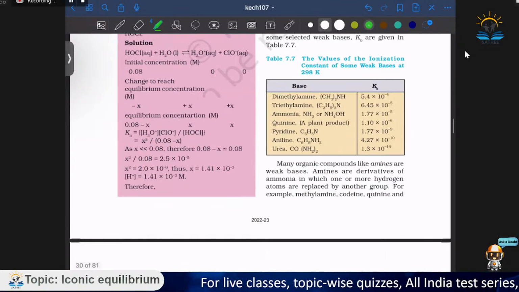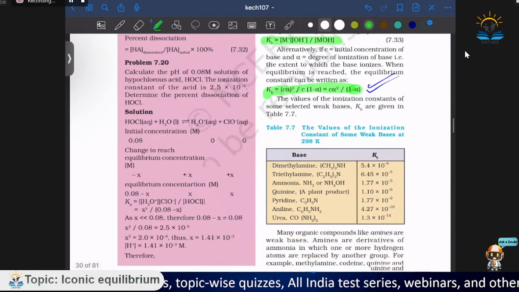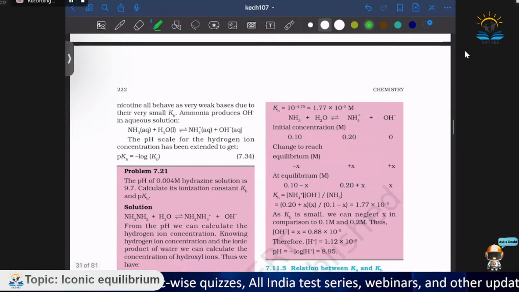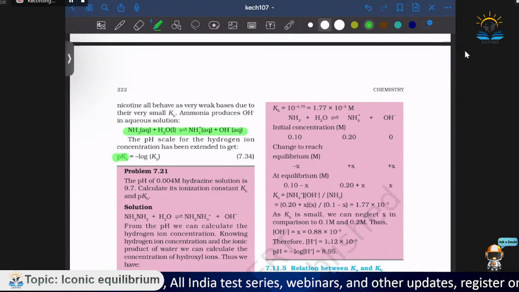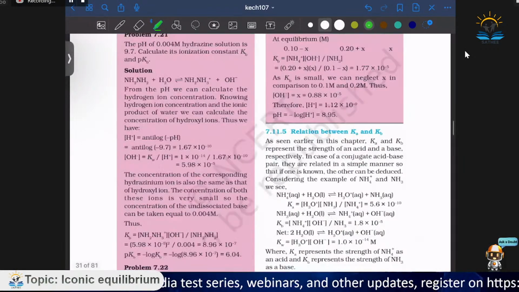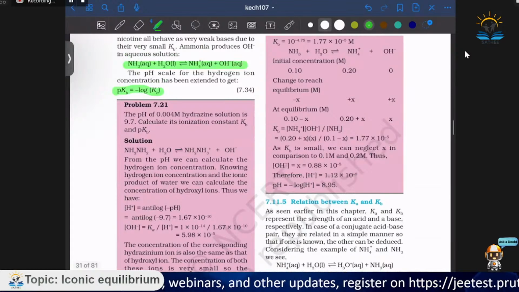Once again, I don't recommend you learn these formulae. Try to derive them yourself, the expressions for Ka and Kb. Okay. One more example they have given is ammonia. pKb they have defined as minus log Kb. Similarly, you can find out pOH also using the same steps.